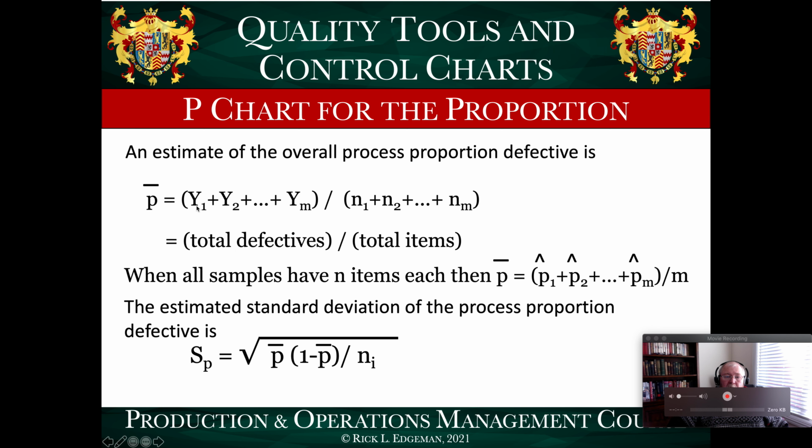The first sample will have this many items with the trait of interest, let's suppose defective. Second sample, this many items with the trait of interest, and so on. So your overall estimate, or better estimate, combined estimate of the proportion of items from the process with the trait of interest, suppose defective, would be the total number of defectives divided by the total number of items.